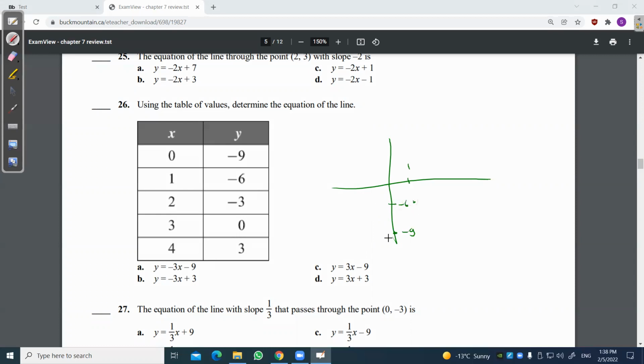See, our line looks like this, yeah? It goes through -9 and 0, and then goes through 1 and 6. Okay, like that.